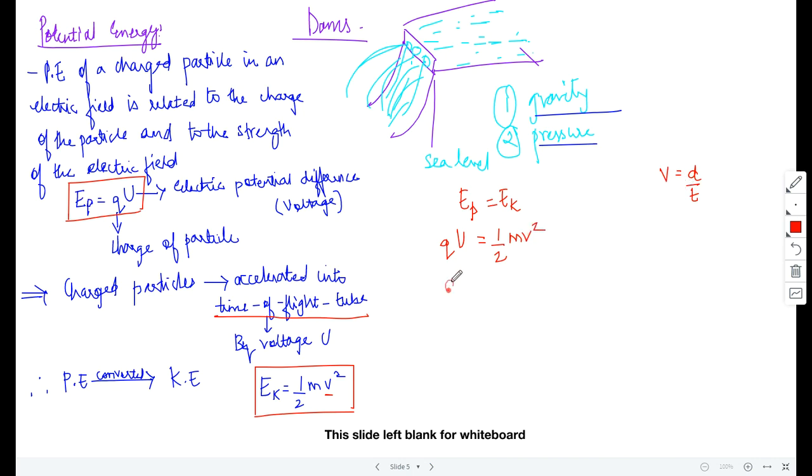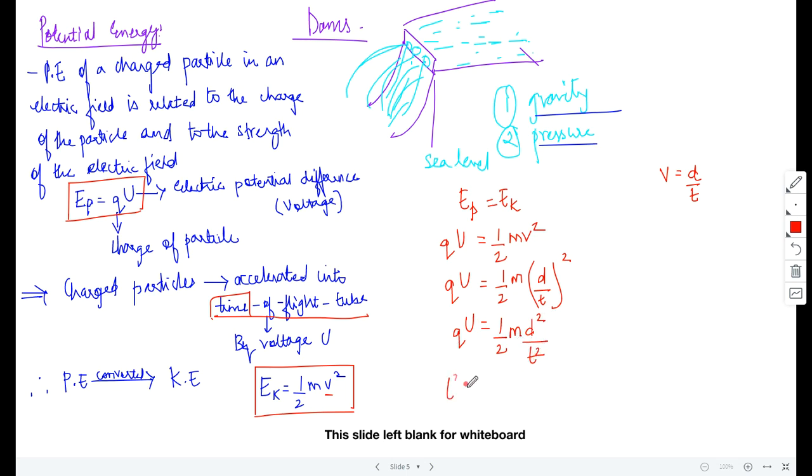So this will be qU equal to half m (d by t) the whole squared. What I want is the time of flight. Where is time? Time is over here. So the value will be d squared upon t squared, right? So I want the value of t.